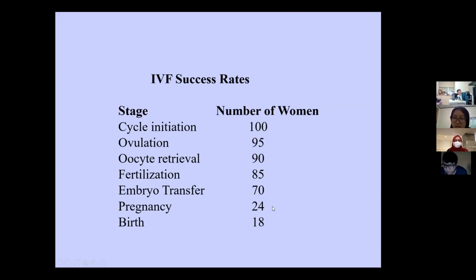Because once you have a pregnancy, sometimes it will have a spontaneous abortion, or sometimes the baby is not normal, and maybe you have complications of placenta previa, twin pregnancy, then the baby dies in utero, so-called IUFD. And the take-home baby rate is around 20%.